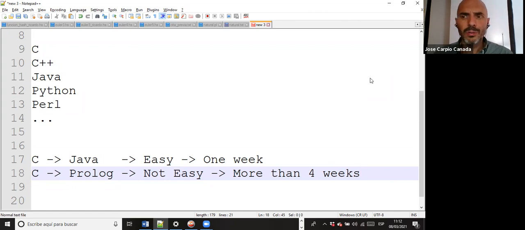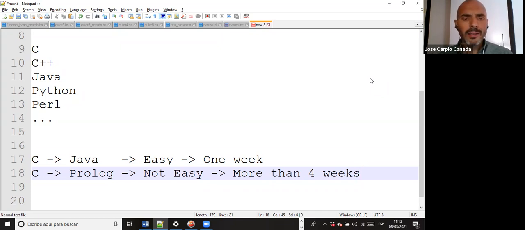It's very important too, because we have previous experiences. I have been teaching this subject for the last 15 years, a little bit more. I think this is the 16th academic year teaching Prolog. And at the beginning, my way to start this subject was totally different from how I start today.